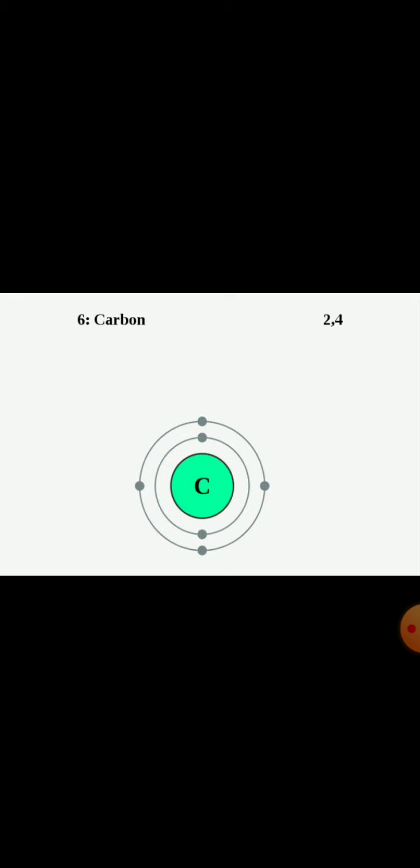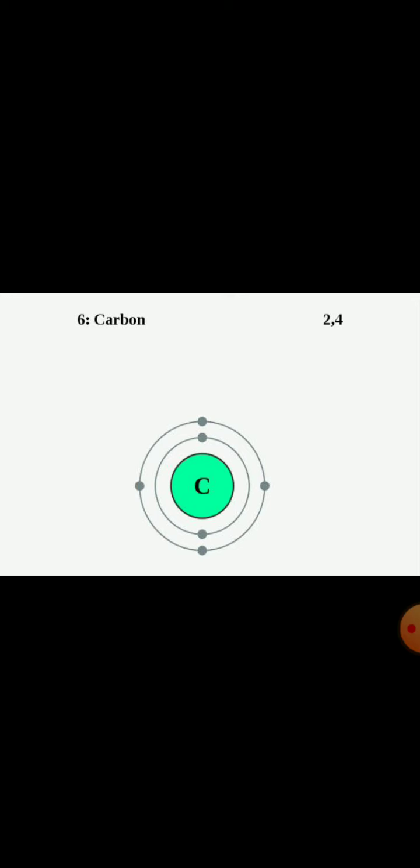What is that for carbon? Because carbon has 4 electrons in its outermost orbit. So if carbon gains 4 electrons, then it forms a carbon anion, that is a negative ion. 4 electrons it will gain.